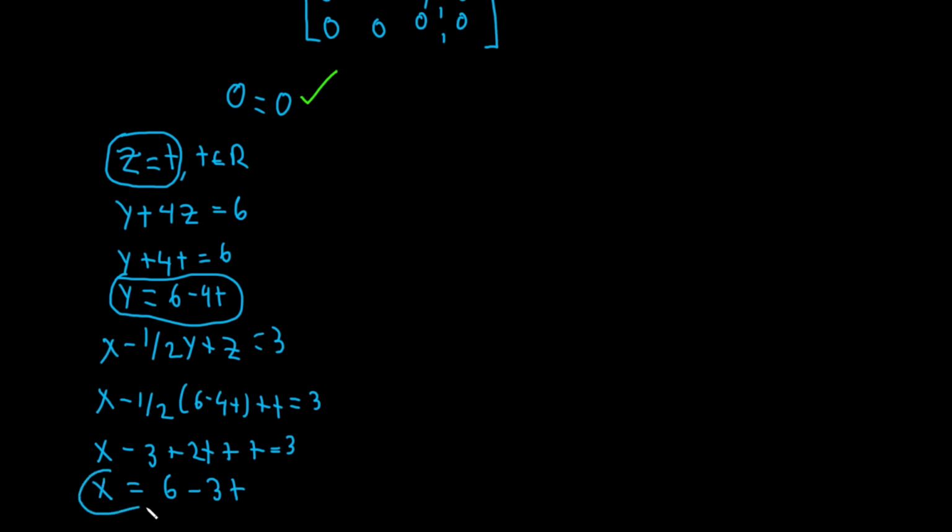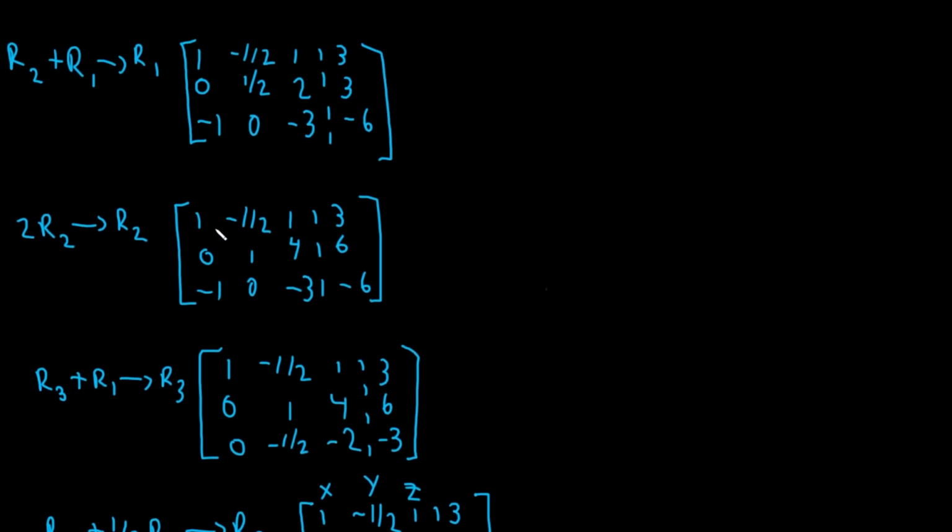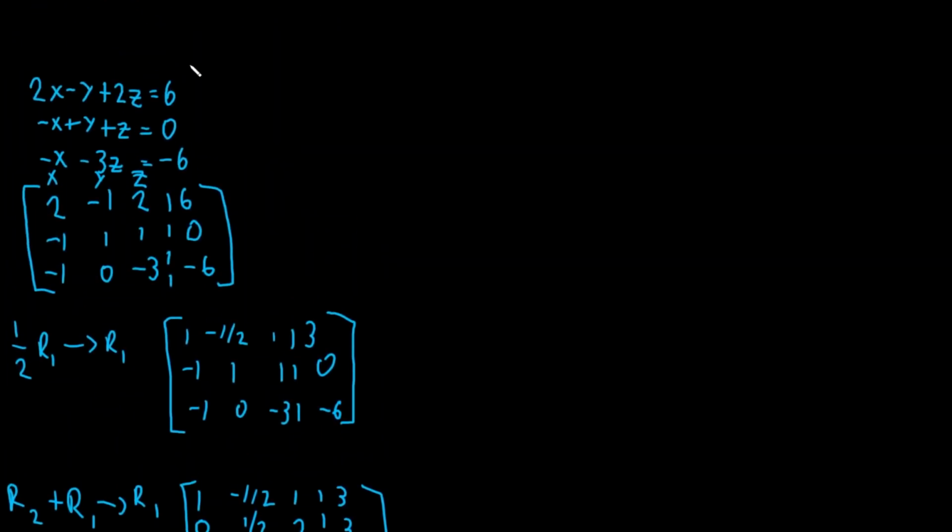And this is our solution to all of our variables. It's perfectly fine that we have t here, because as long as z is equal to t, we can substitute that in to solve for y and x, and this satisfies all three equations. You can check this by setting z equal to 2 and solving for y and x, and showing that whatever you get for y and x satisfies all three of these equations.